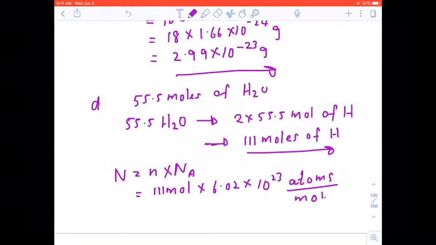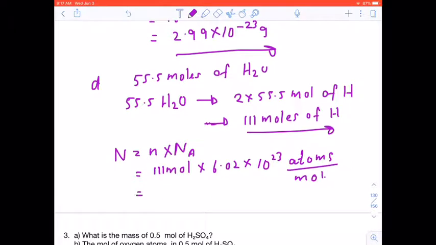If I asked how many hydrogen molecules there are, then we would need H2 in there. At this point, we just want hydrogen atoms, which is then equal to 6.68 times 10 to the 25 atoms of hydrogen.